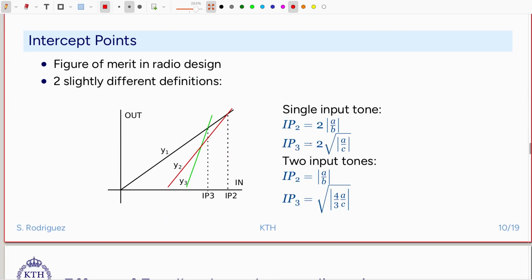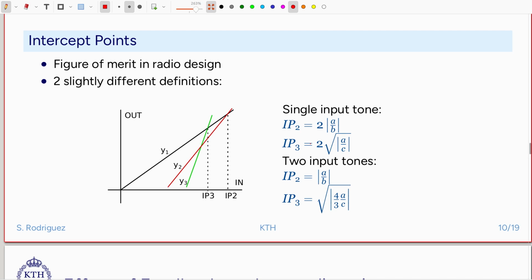Likewise, we have the concept of the intercept points. Normally, there is a figure of merit in radio design, and we actually have two different definitions for these intercept points.